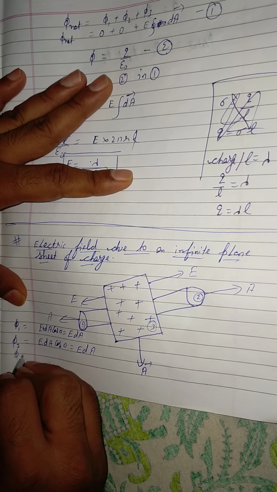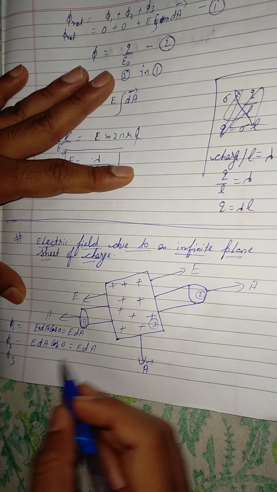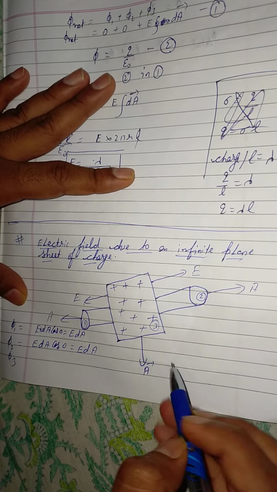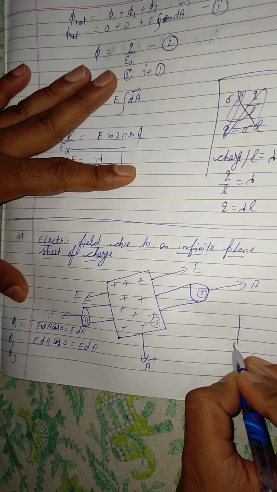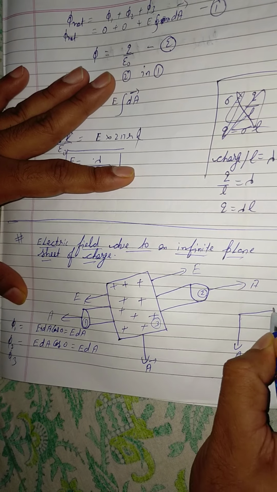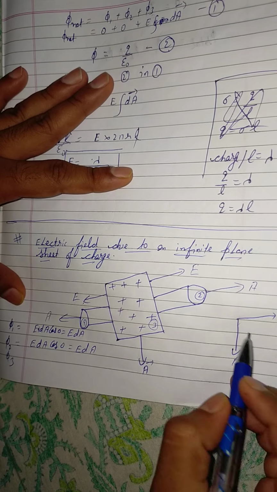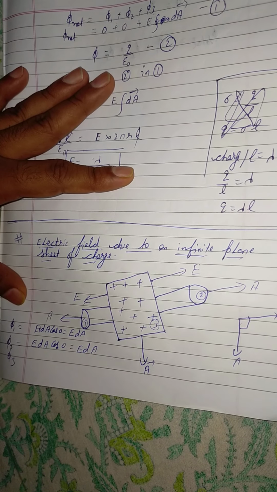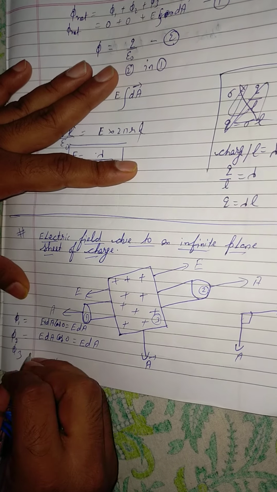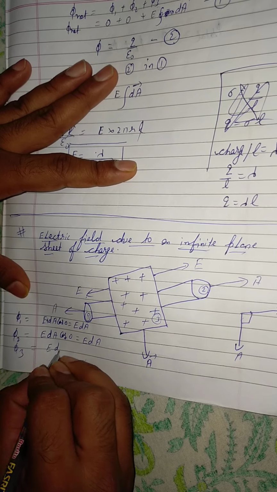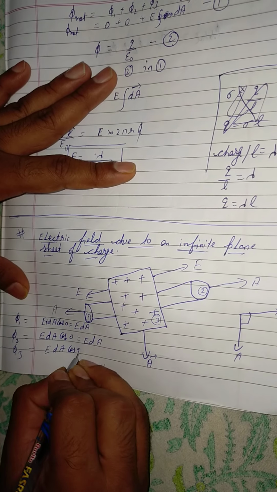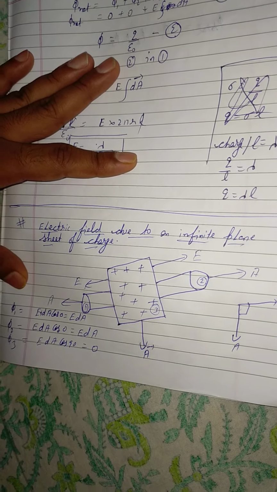And for the electric flux of the third surface, the area vector is perpendicular to the electric field lines, the angle between them is 90, cos 90 is 0, so E dA cos 90 will be equal to 0.